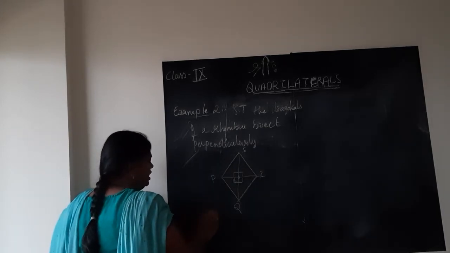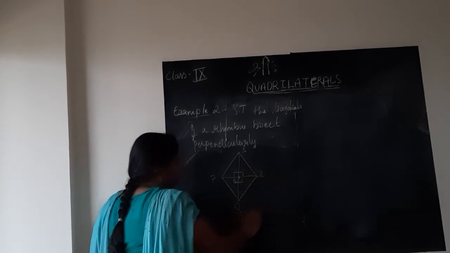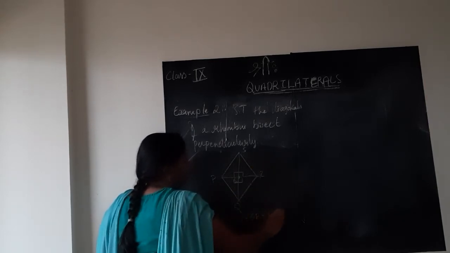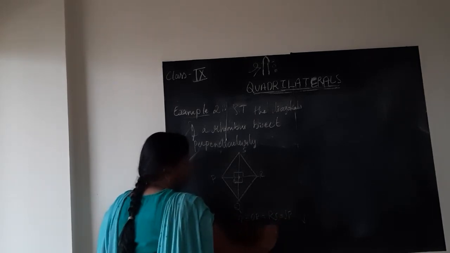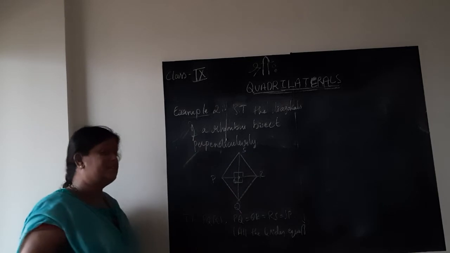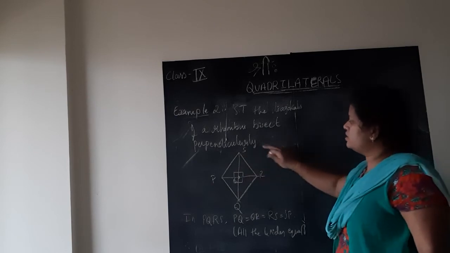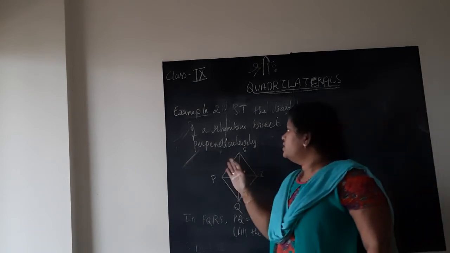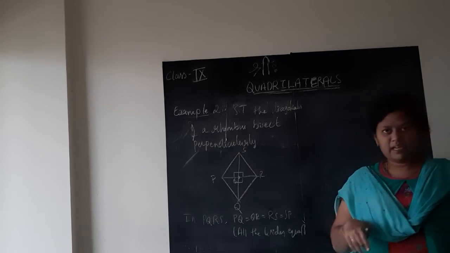So we know that in rhombus PQRS, PQ equals QR equals RS equals SP. Why? All the four sides of a rhombus are equal. That reason you can give here. Next, what we should do is, just now we studied, children, a diagonal drawn to a quadrilateral will divide the quadrilateral into two triangles.